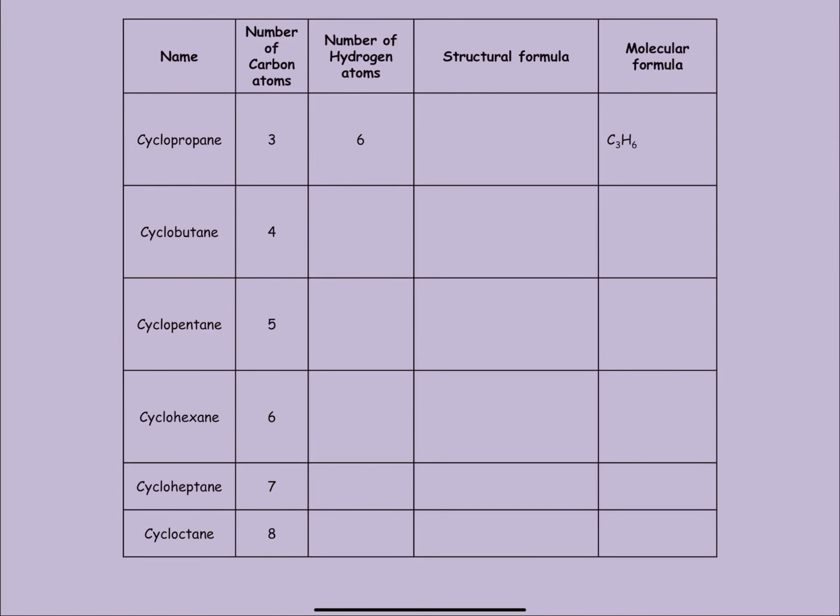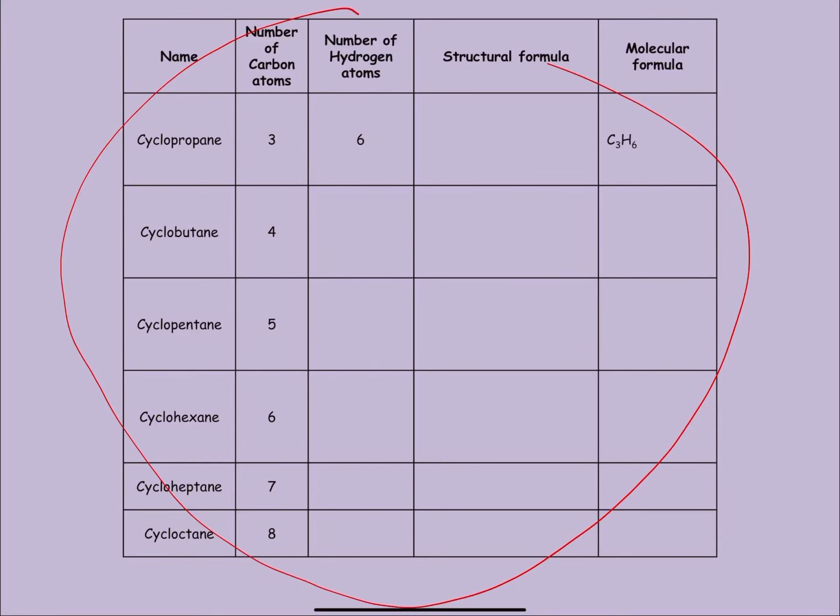Right, in your OneNote you will have a table similar to this. That's going to be your first task, completing that. Number of carbon and hydrogens, structural formula and molecular formula, just as per the last 2 examples. And then I want you to work out the general formula. So you can pause this video, have a go at the general formula, then restart it.